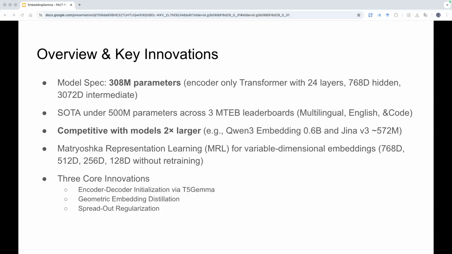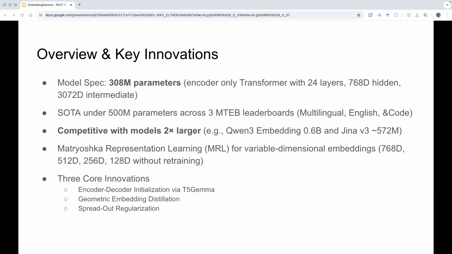It also supports MRL, that is Matryoshka representation learning, the Russian doll based learning. So basically, the 768 dimensions can be truncated for different tasks, like 128 dimensions for on-device embeddings.